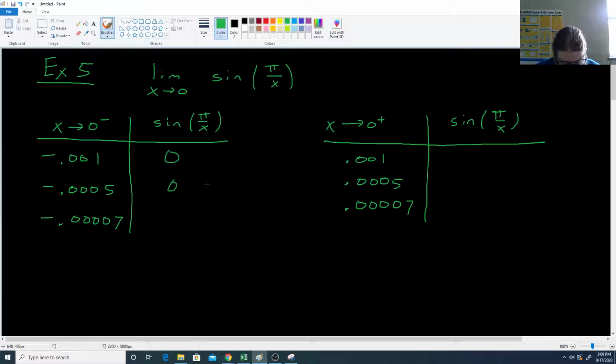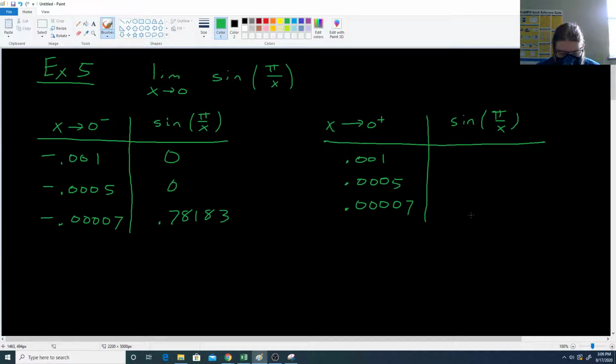I put in negative 0.00007 and I get back 0.78183. That seems weird. Okay, let's look at doing this the other way.